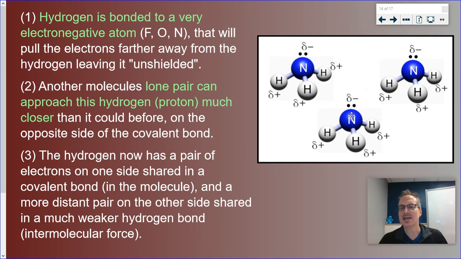So this negative charge on this ammonia molecule can come in here and get closer than normal, kind of snuggle in there and get a tighter force of attraction. That is called a hydrogen bond. So he's getting unshielded, and this guy's moving in closer than normal. That allows these guys to have a much stronger bond than normal, and that is what we call a hydrogen bond. This works in ammonia, this works in HF, hydrogen fluoride, and this works in water. Water has hydrogen bonds as well.